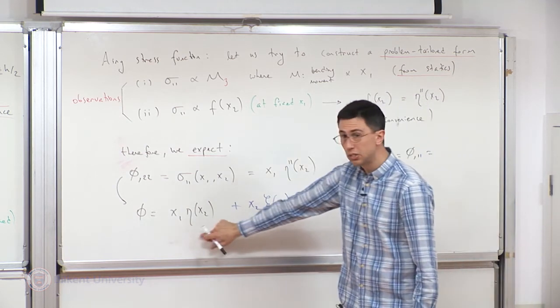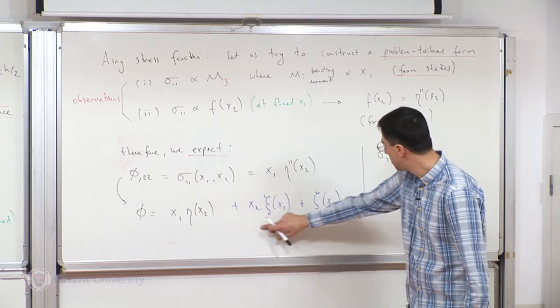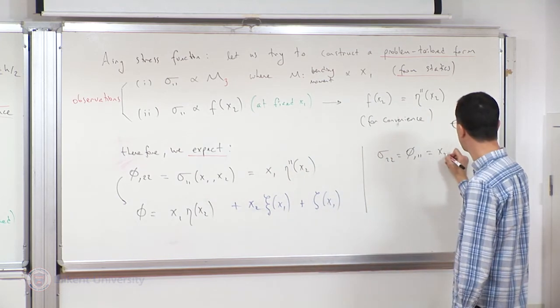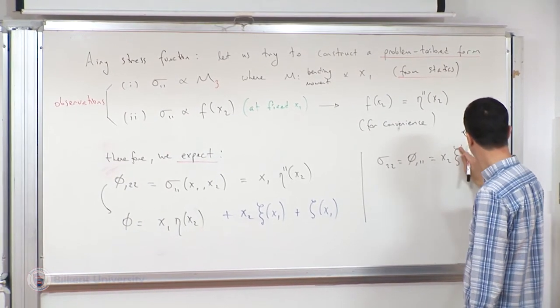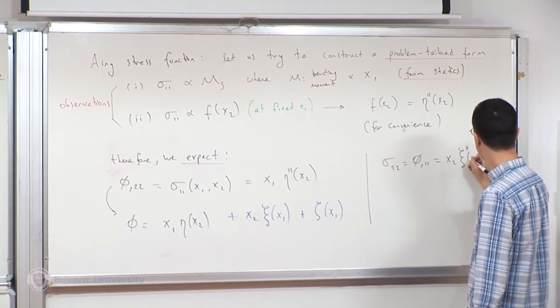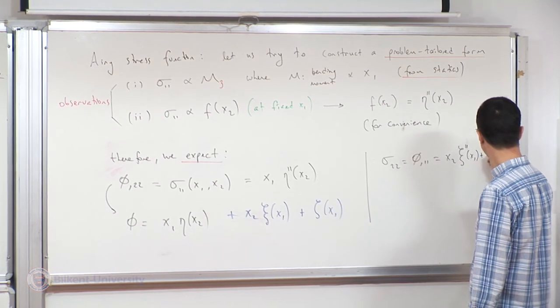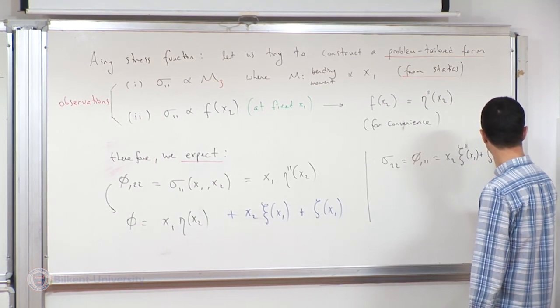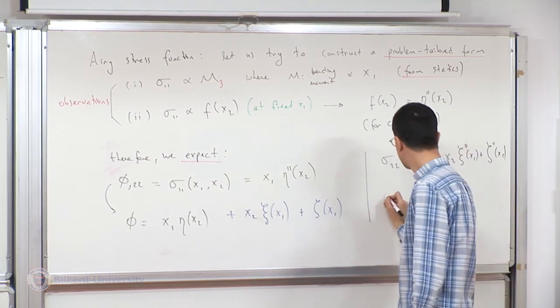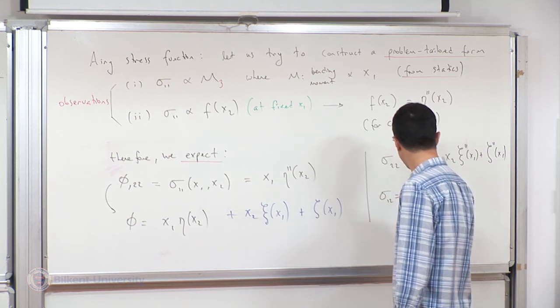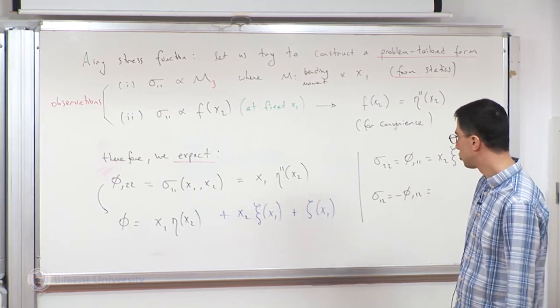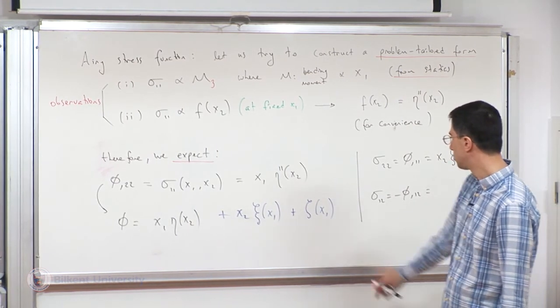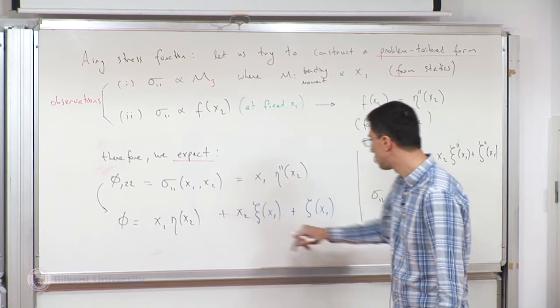Two derivatives with respect to 1 vanishes. These two stay. So it is x2 xi double prime x1 plus zeta double prime x1. And sigma 1, 2 is minus phi comma 1, 2. So one with respect to 1 and another with respect to 2. This one dies away. These two survive.